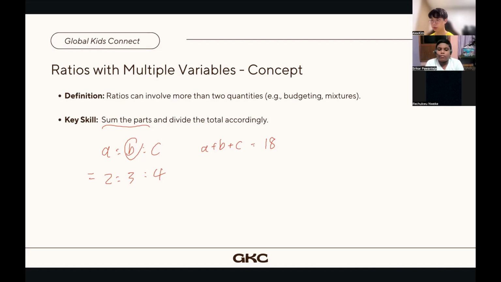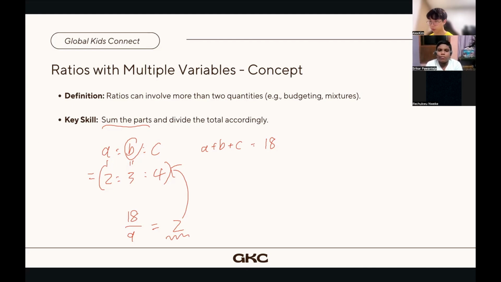So coming back, if we sum the parts, then we get 2 plus 3 plus 4, which is equal to 9. And then we divide the total accordingly. If we divide by the total, then it's 18 divided by 9, which is 2. What this 2 represents is the amount that must be multiplied to this entire ratio to get the actual values for each of our variables.